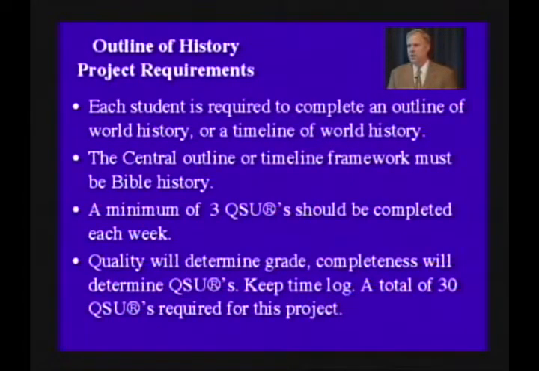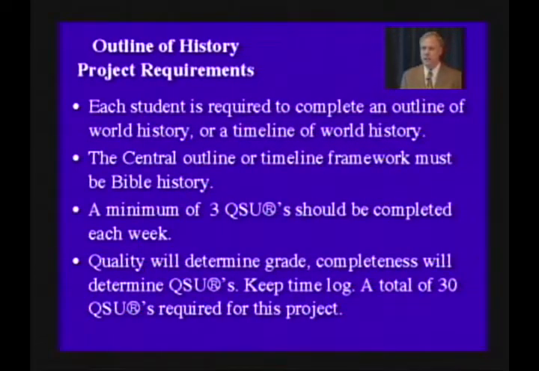You could, for example, have an A in quality, and instead of getting 30 QSUs, I'm only going to give you 15 QSUs because it's not complete. So your grade is going to cover the quality of your work, but the QSU is actually completing the assignment. To get 15 QSUs on this assignment will be an incomplete grade. You won't get your credit because you'll be missing 15 QSUs.